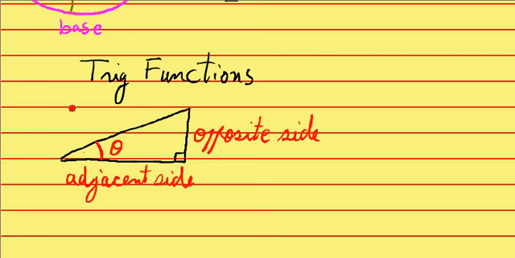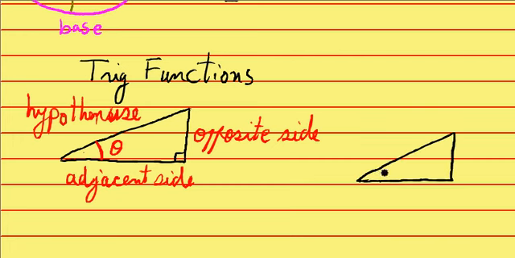This one is referred to as the hypotenuse. Sometimes it's written without the H. So we are going to abbreviate these things because they're rather lengthy words. So we have our angle theta here. This is the opposite. This is the adjacent. And this is the hypotenuse.